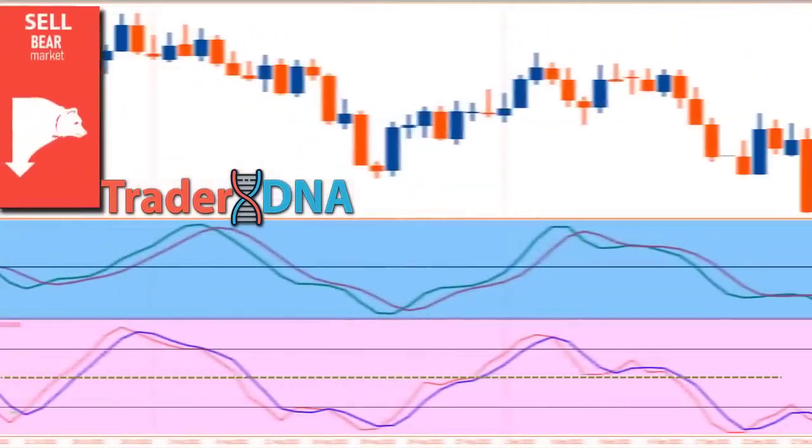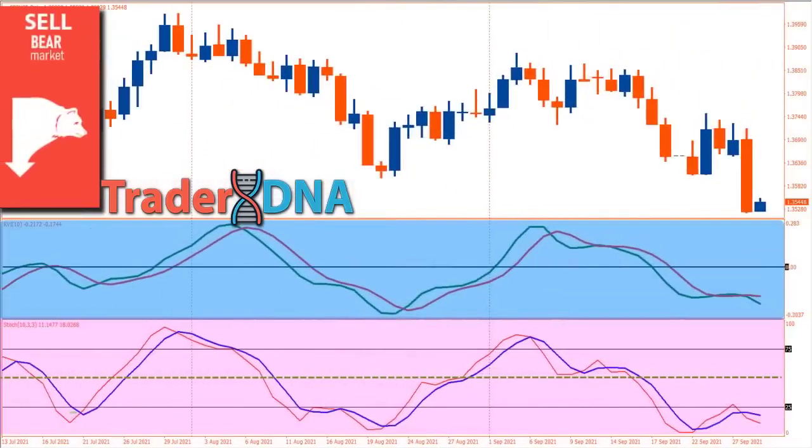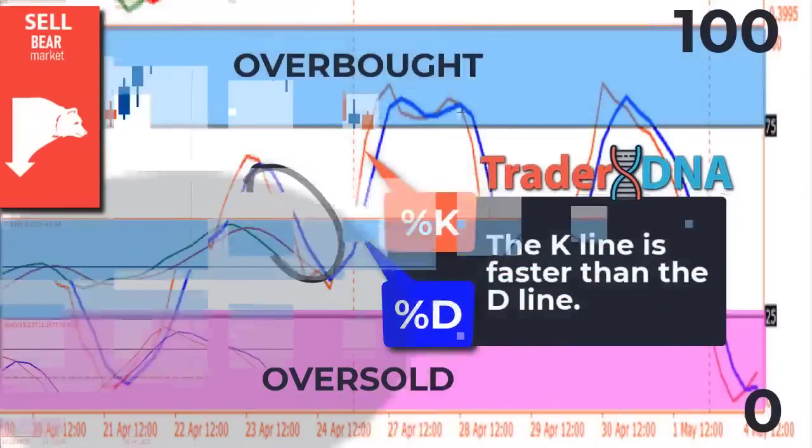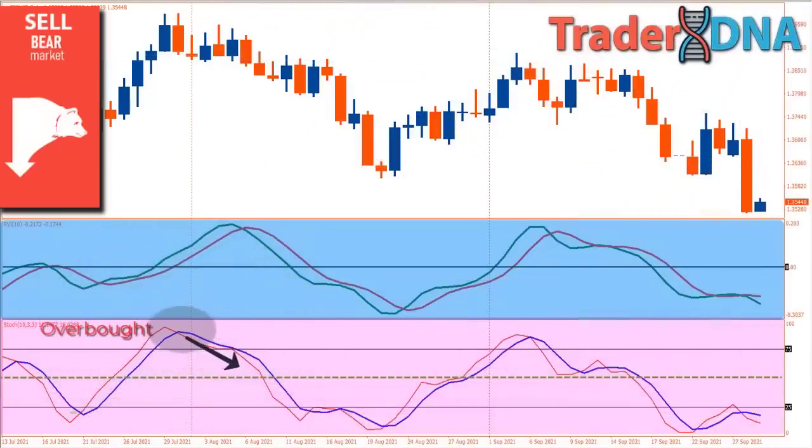Selling rules. A sell signal is generated when the %K line of the stochastic crosses below the %D line. Stochastic is below 50 after moving lower from the overbought zone. And the RVI line is below the signal line.